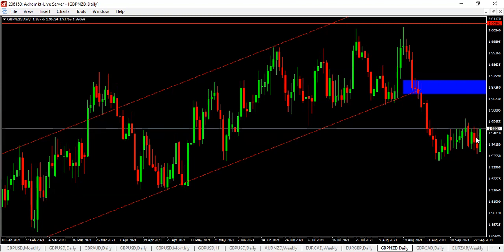You have a double bottom setup right here after the break of this ascending channel, and then you get the bullish engulfing. So I'm anticipating the market to probably go up one day, maybe two days, and hopefully at least tip the golden zone, the Fibonacci retracement golden zone.